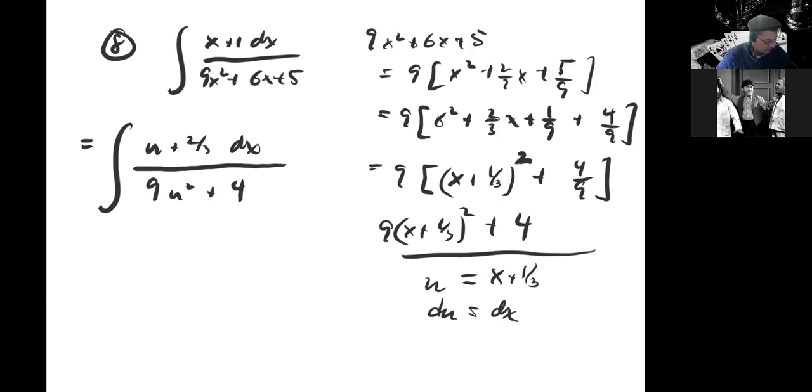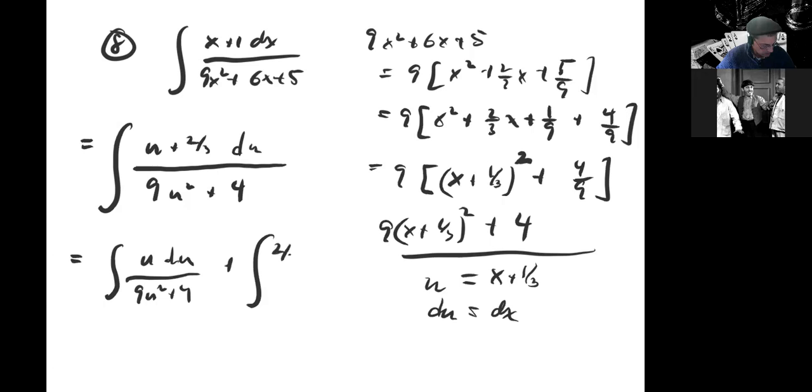And I'm going to rewrite this integral, oops, there should be a du, sorry. I'm going to break it up into two fractions. The integral of u du over 9u squared plus 4, which is easy to do. And then another one which is not so easy to do, which is 2/3 du over 9u squared plus 4.